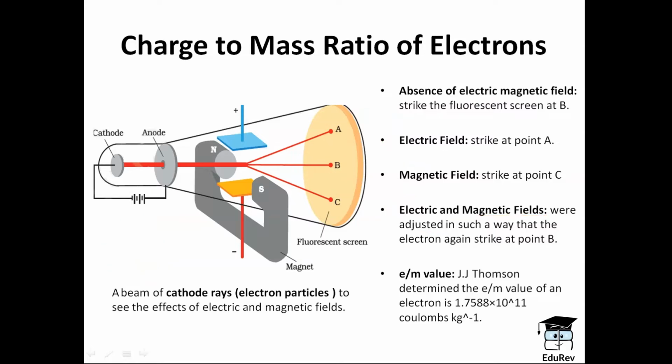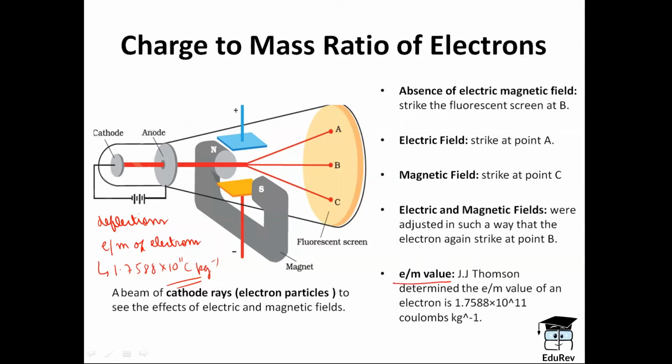And so, on the basis of these deflections of the path of electrons, J.J. Thomson was able to determine the charge to mass value of electrons, which was 1.7588 × 10^11 coulombs per kilogram.